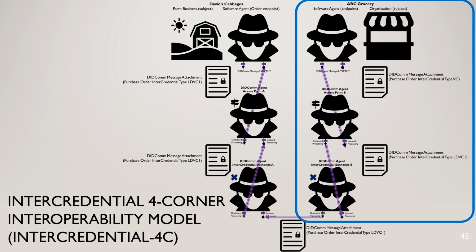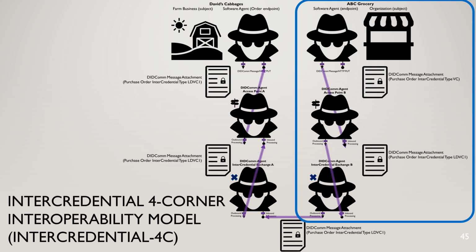And so following the four-corner credential interoperability model strictly, the one described by Ken Holman, you would have the DIDComm agent here in the middle of the blue box, and you'd have the InterCredential exchange agent at the bottom of the blue box.